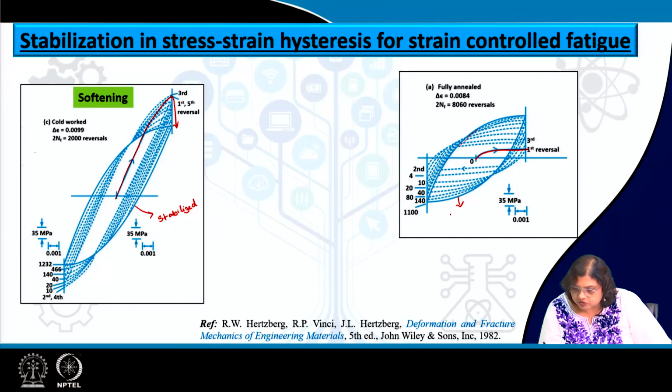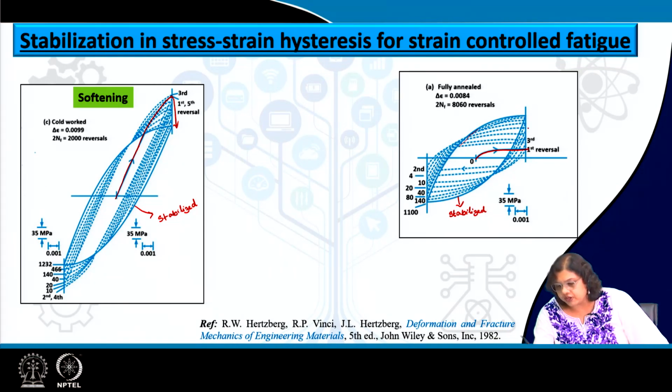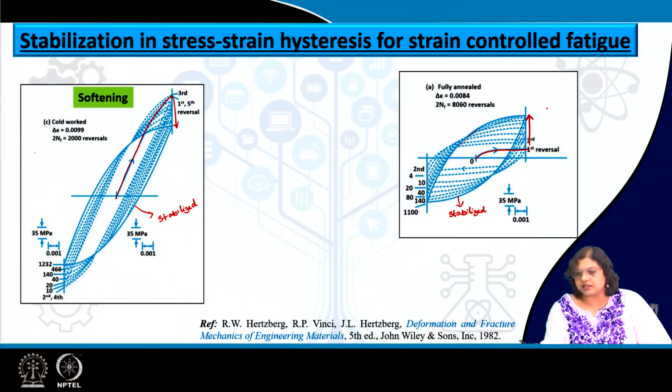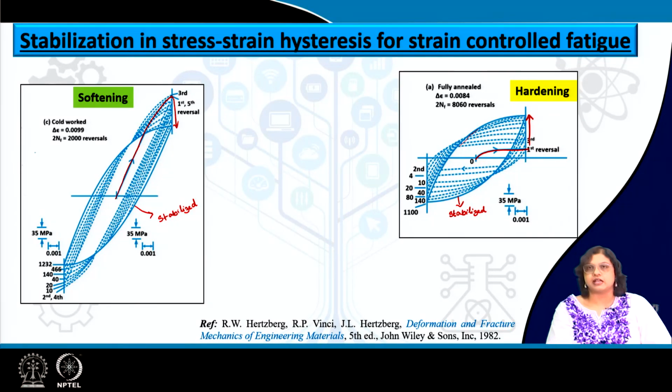So, let me also name this as stabilized hysteresis loop, and we can very well see here that there is an enhancement in the stress level from the first cycle to the stabilized loop. So, obviously, this is as per the cyclic hardening, right.